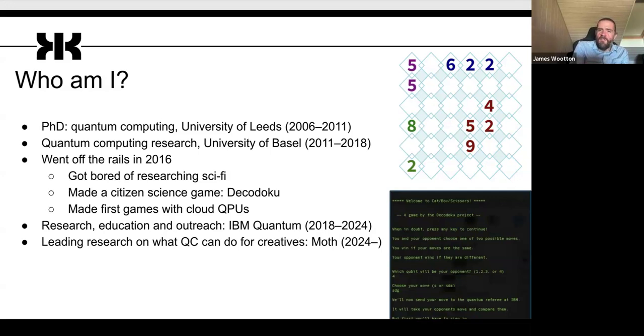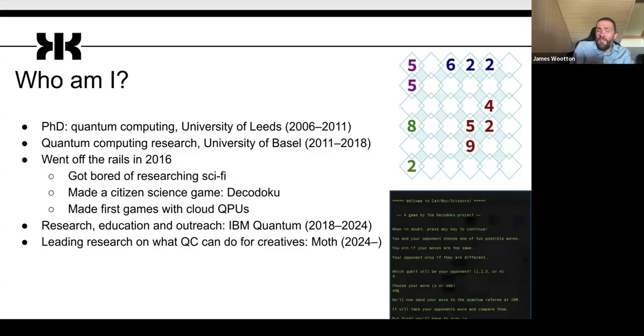And within that research, I was still wanting to answer this question of what can quantum computing do for games? When we're talking about citizen science games or outreach games, this is games doing something for quantum. It's games educating about quantum, demystifying quantum.